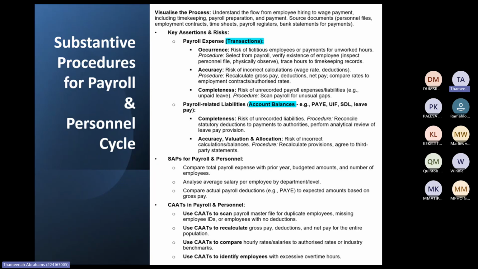All those deductions would go to third parties. Like SARS will be kept by the employer and paid over to SARS. The medical aid will be paid over to Discovery or whichever medical aid. And the retirement annuity funds will go to Sanlam or Old Mutual, whatever the case might be. So every part you would have to audit basically.